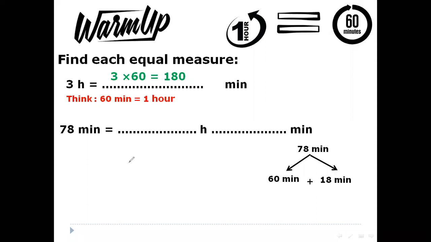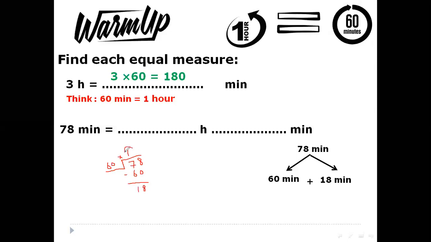Again, let me show you if you don't know how to find it this way. You can simply divide 78 by 60. We know that there is only one 60 in the 78, so we multiply 1 times 60, which is 60. Then subtract. 8 minus 0 is 8, and 7 minus 6 is 1.